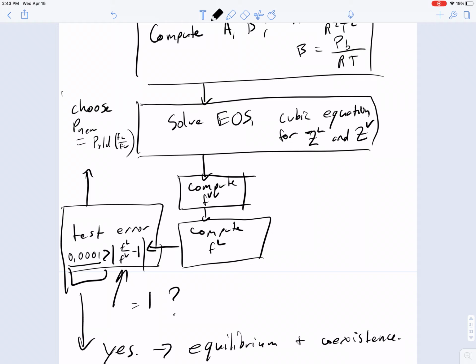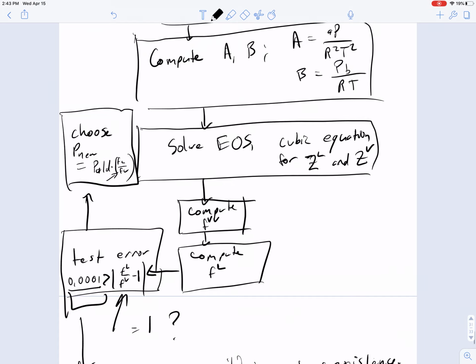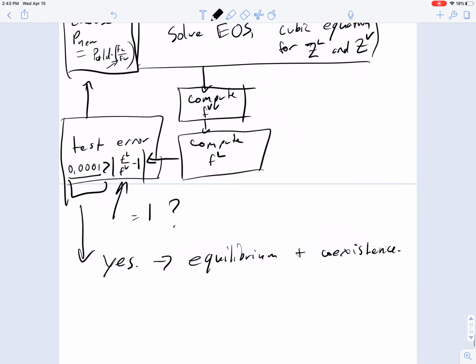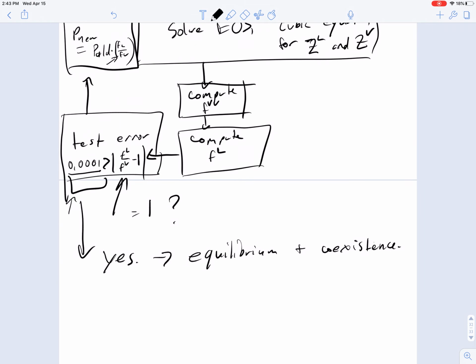So you're going to adjust your new pressure guess by your previous pressure guess multiplied by the fugacity ratio of liquid to vapor phase. And you will go back up to compute A, B, and the parameters for your cubic equation of state. This should typically take 2 or 3 iterations to converge, and you do this for each isotherm.